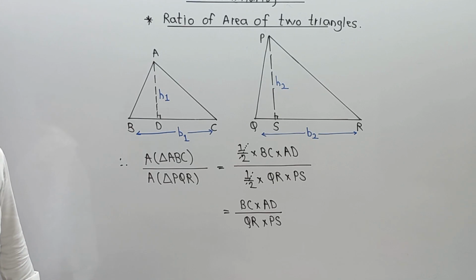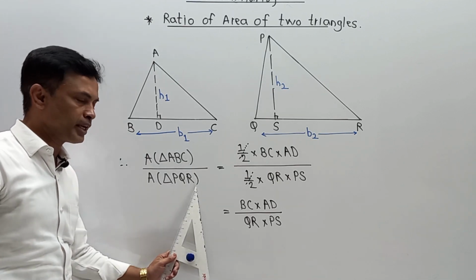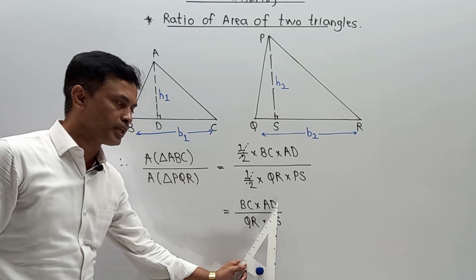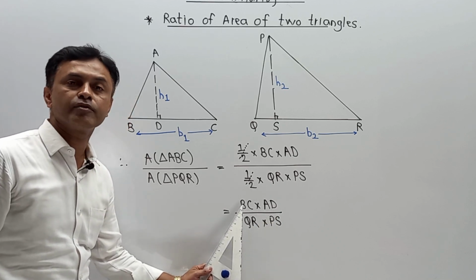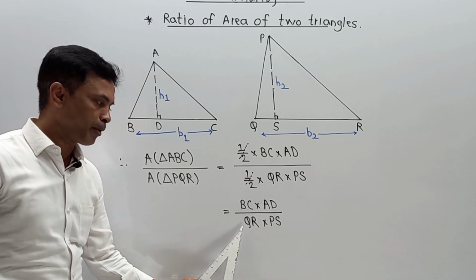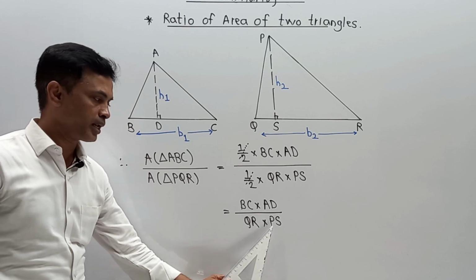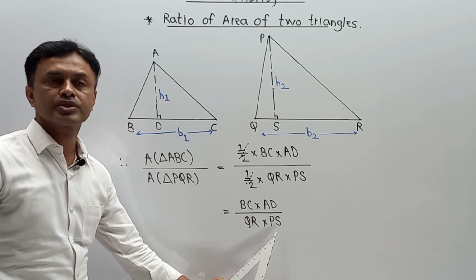Now what exactly logic are we able to get here? Area of triangle ABC upon area of triangle PQR is equal to BC into AD, but BC is the base of the first triangle and AD is the height of the first triangle, upon QR, the base of the second triangle, into PS, the height of the second triangle.